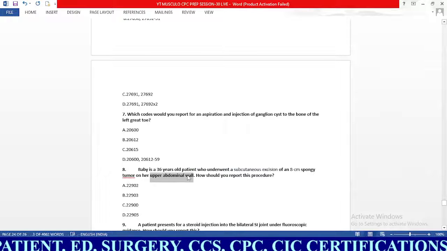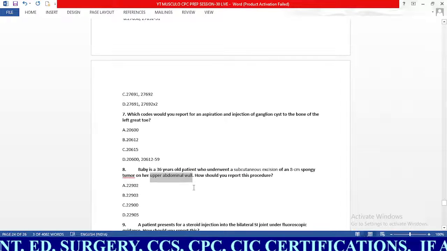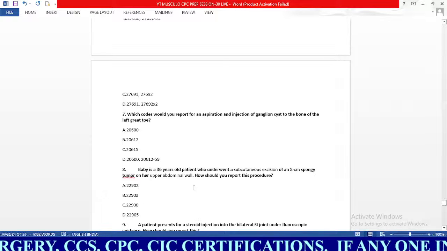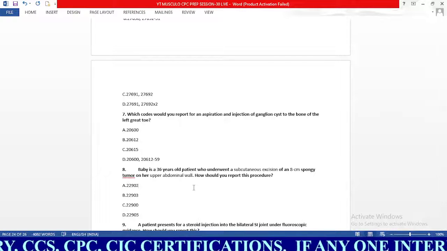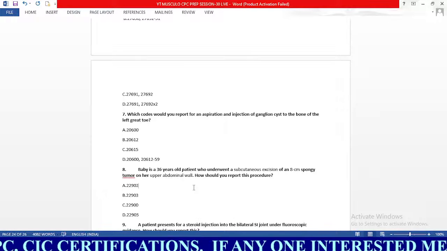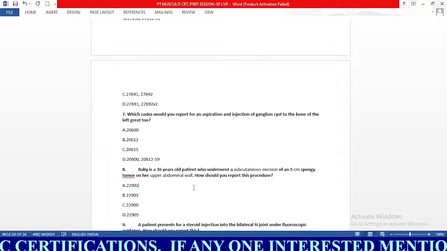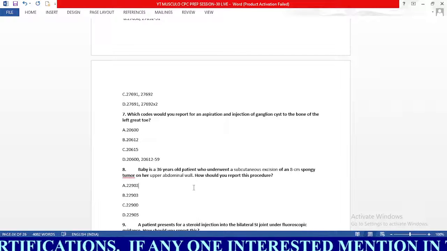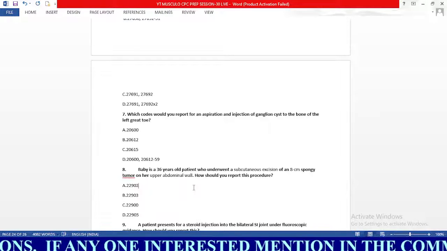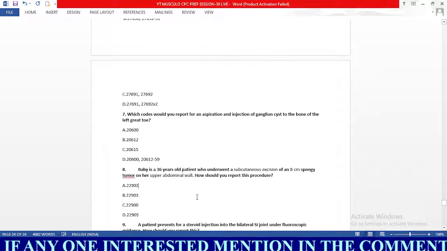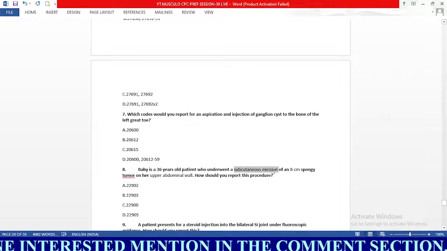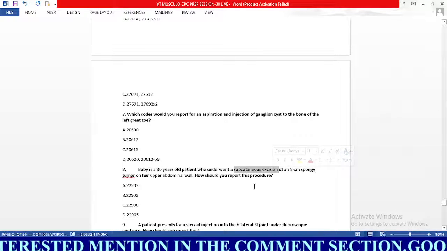So in total we have three keywords here. Using these three keywords, we need to find the proper answer. We will check 22900 first. What is 22900? Excision tumor soft tissue of abdominal wall subfascial less than 5 centimeters. But based on our question, the physician has performed soft tissue excision until subcutaneous tissue. So 22900 is wrong.